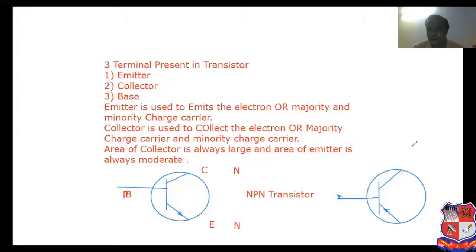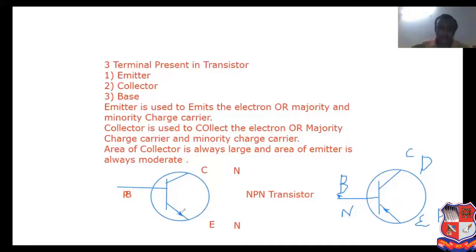Here it is known as collector, here it is known as emitter, and here it is known as base. So here N, here it is known as P, and here it is also known as P.